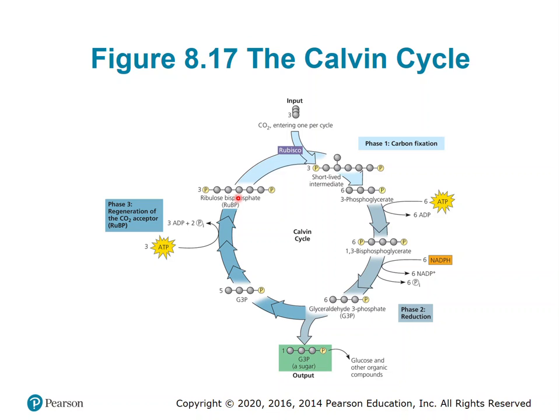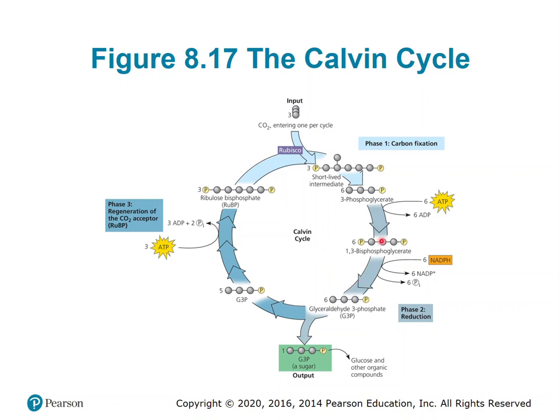I have a hard time saying that, sorry. And then the cycle starts all over again. So phase 1 is carbon fixation, fixing the carbon from CO2 onto the 5-carbon molecule ribulose bisphosphate. The 6-carbon molecule immediately breaks into 3-carbon molecules, then ATP and NADPH fuel the reduction to glyceraldehyde 3-phosphate. 1 of the molecules made leaves the Calvin cycle, and the other 5 are regenerated to carry on the cycle.